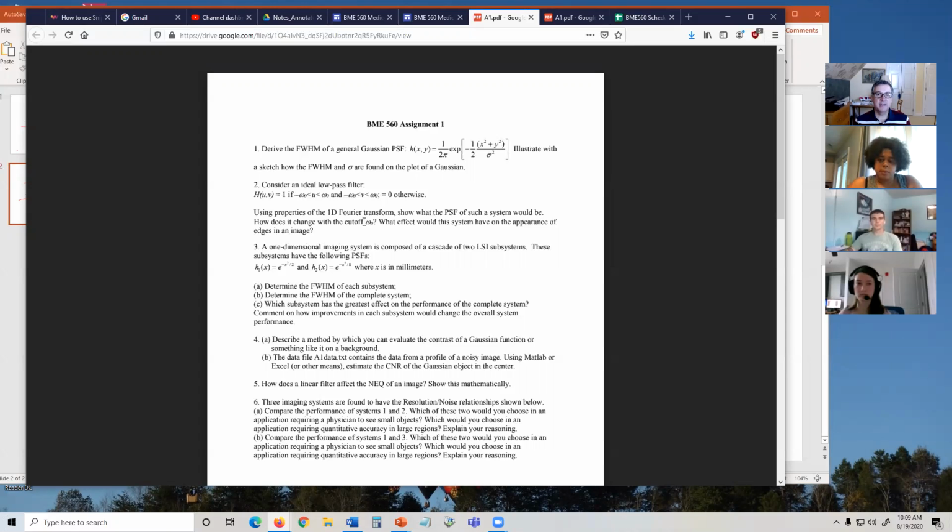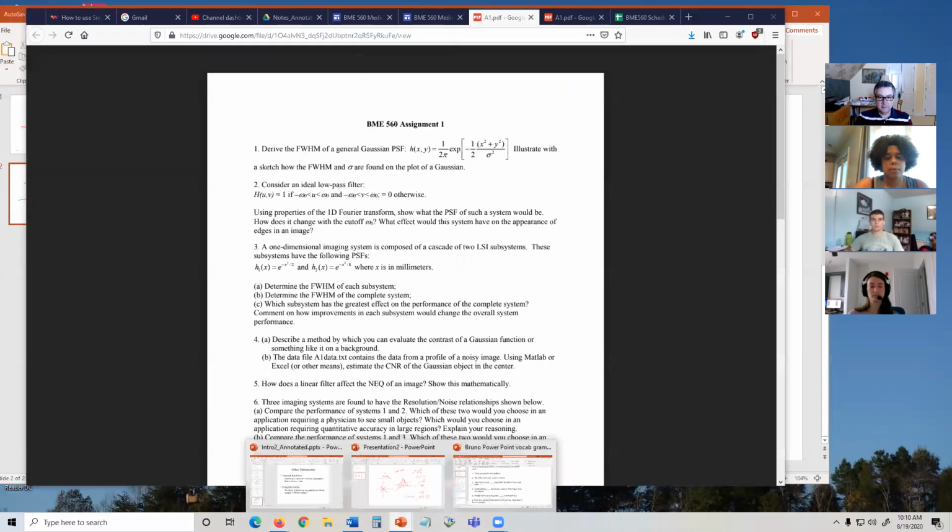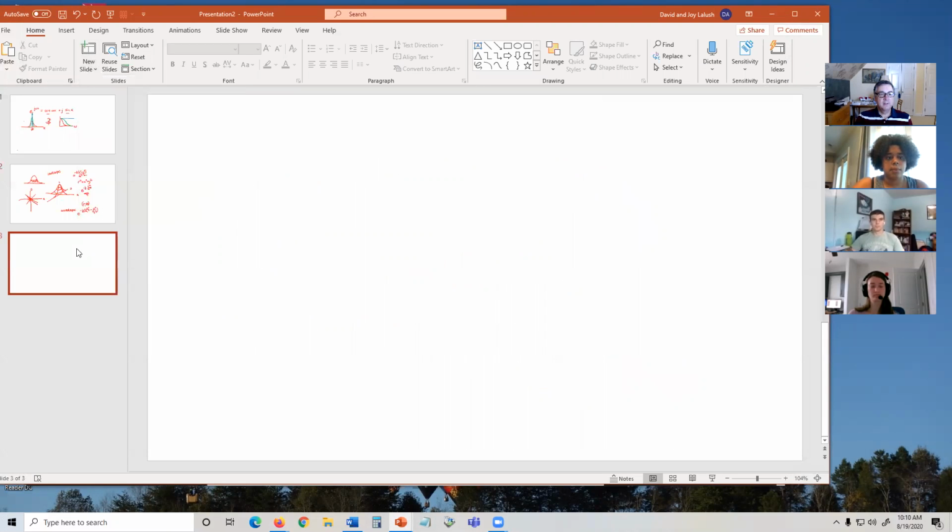So this is an ideal low pass filter. And if we were to look at it in the Fourier transform space, so U and V, this is a frequency space.